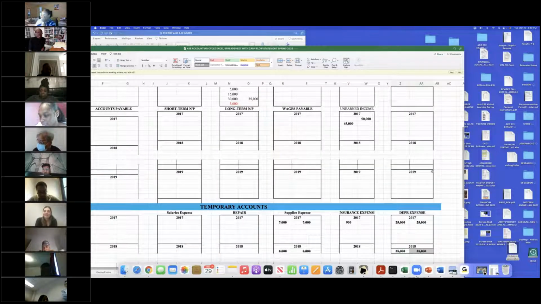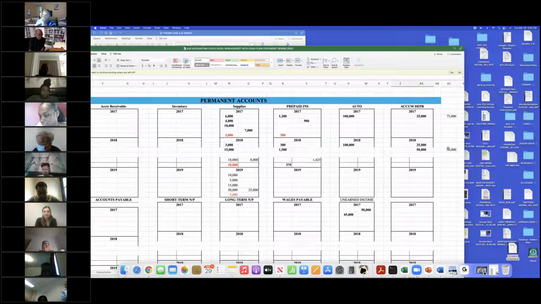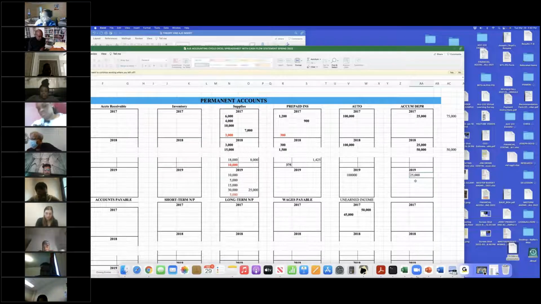So then we get to 2019. What's going to be the cost in 2019? Still 100,000. You're going to have another 25,000 in depreciation. But what's our total depreciation now? 75,000.